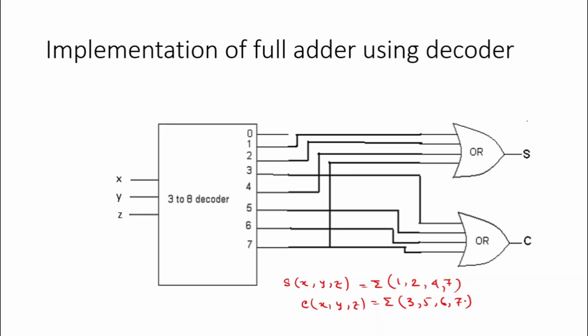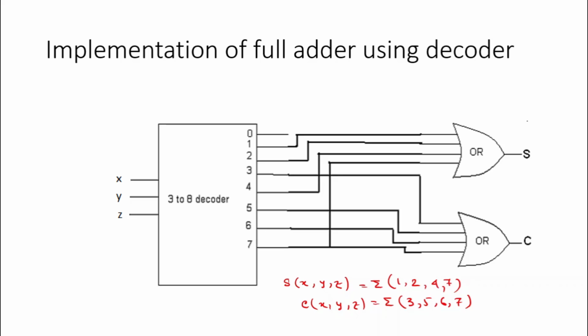Since there are 3 inputs and a total of 8 minterms, we need a 3 to 8 line decoder. So for implementation of the full adder circuit with the help of a decoder, the decoder generates the 8 minterms for x, y, z, and the OR gate for output S forms the sum of minterms 1, 2, 4 and 7.